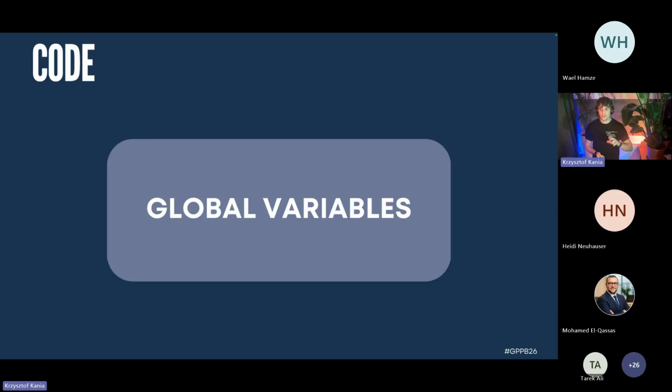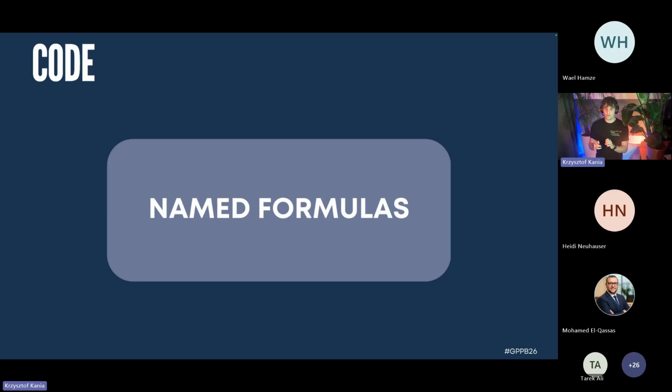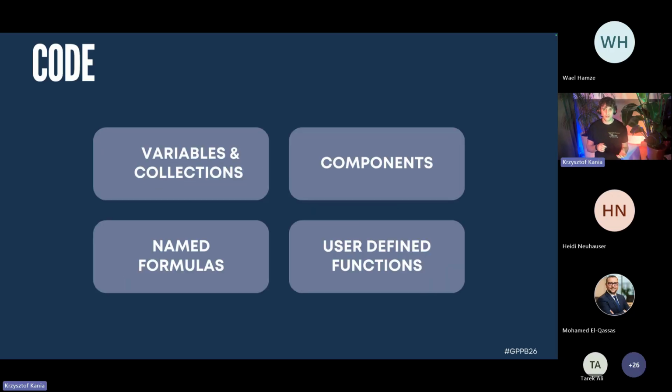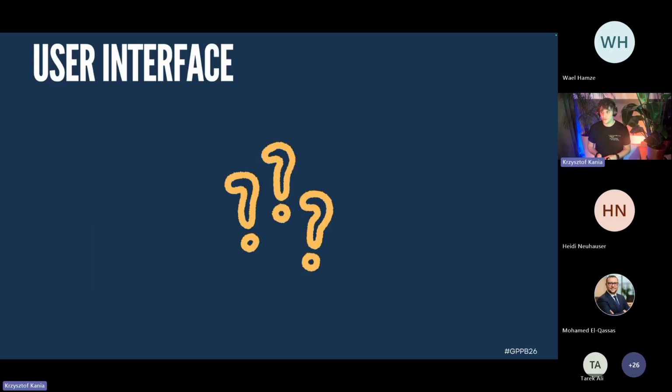So at the beginning, starting easy, we got global variables. We got collections to store our data. Then we have this UI approach for components. Then we got named formulas and user-defined functions. So from a coding perspective, we can say we got pretty much four different approaches that we can proceed with.